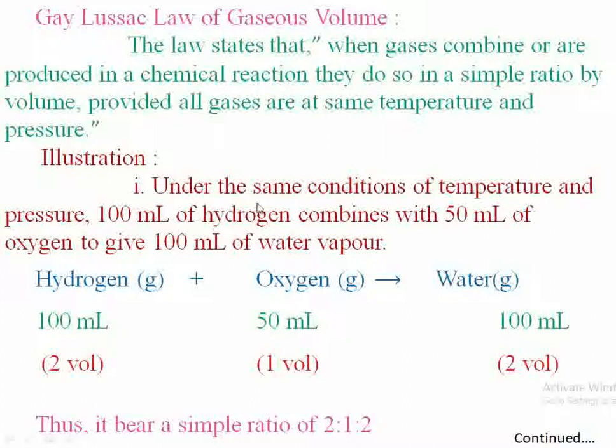For example, under the same conditions of temperature and pressure, 100 ml hydrogen combines with 50 ml of oxygen to give 100 ml of water. That means hydrogen gas plus oxygen gas gives water molecules. 100 ml is the volume of hydrogen, 50 ml is the volume of oxygen, and 100 ml is the volume of water.